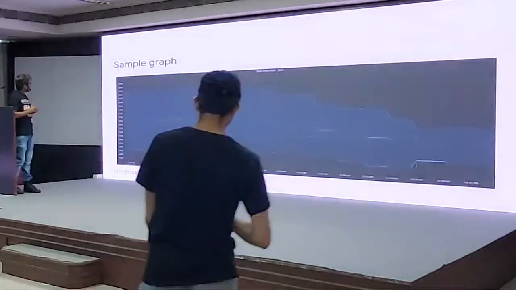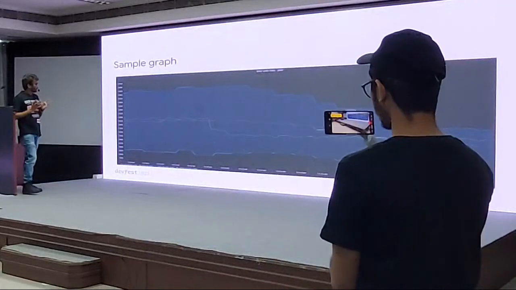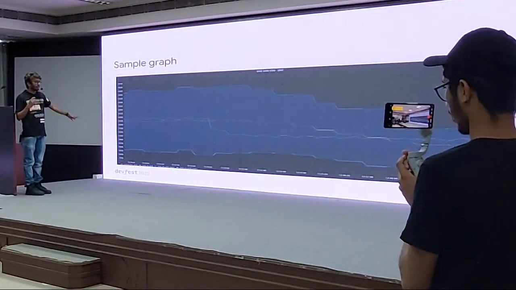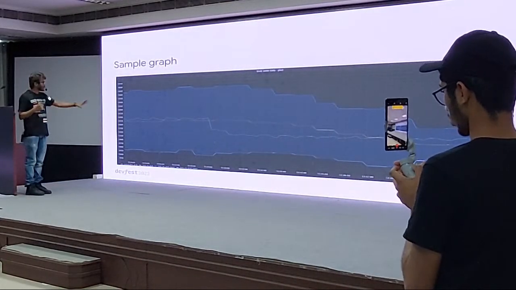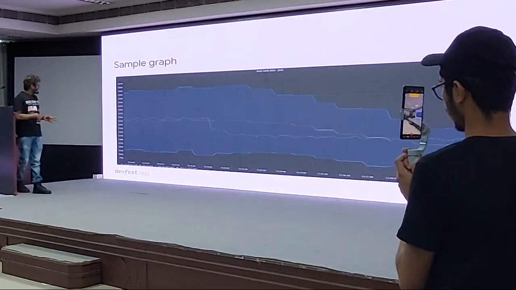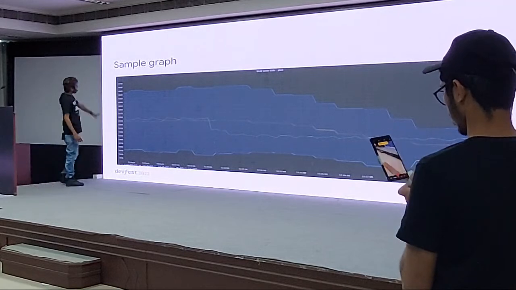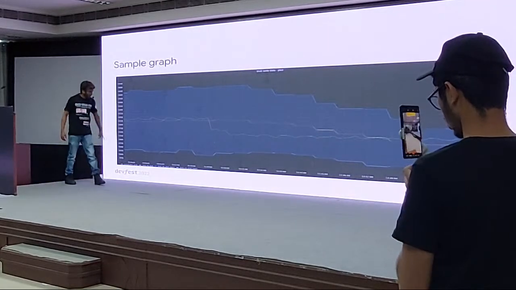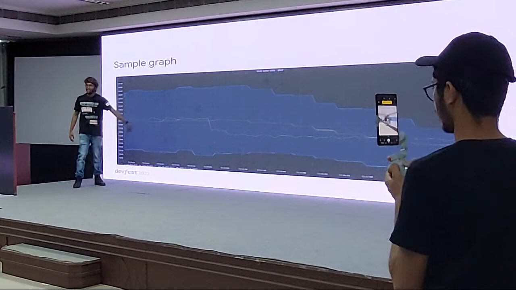Okay, so here is a sample graph. I'm not sure whether these values are readable for you guys, but it is just an XY graph, right? You can see I have the data points over here and the time over here, right?